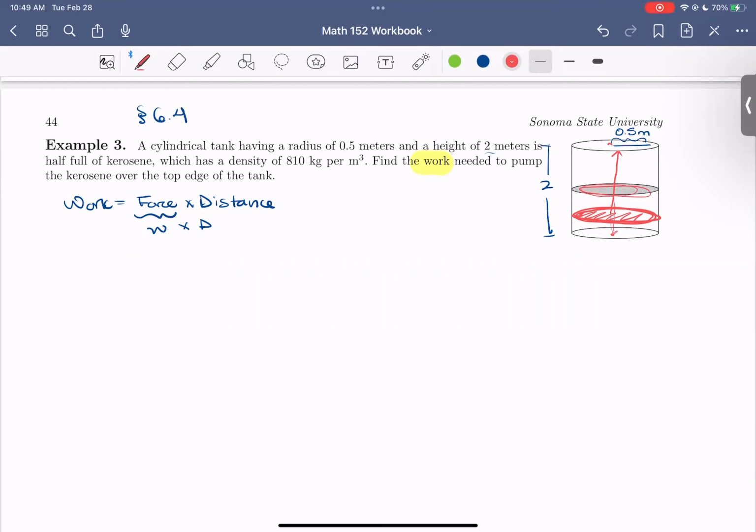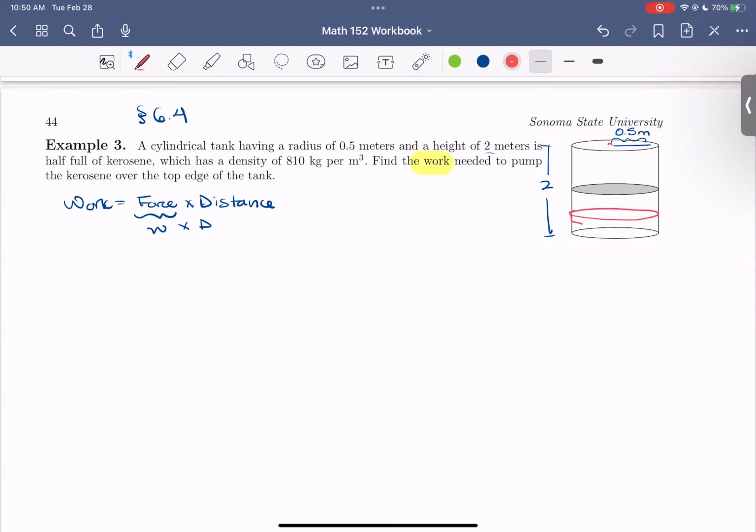So to simplify our problem, in cases like this where we're pumping, say, animal feed out of a bucket, let's assume that we are moving these layers of our substance just straight up. That also foreshadows the method we're going to use to compute the total work needed to move this kerosene to the top of the tank. We're going to slice up our kerosene.